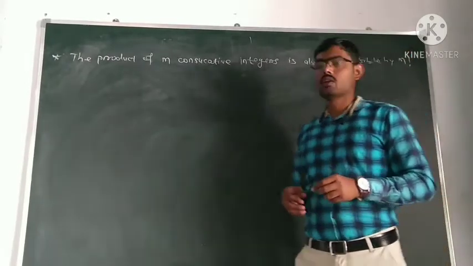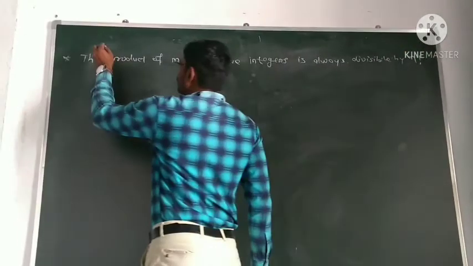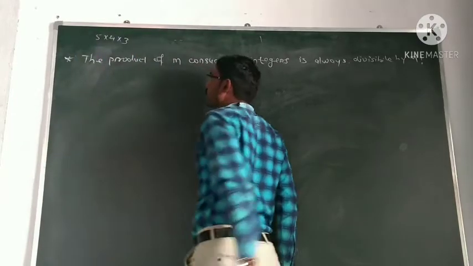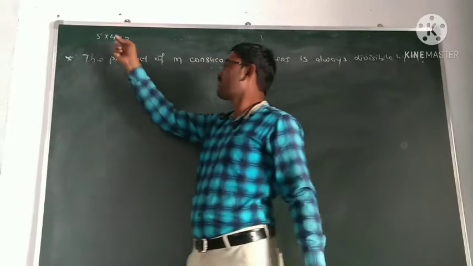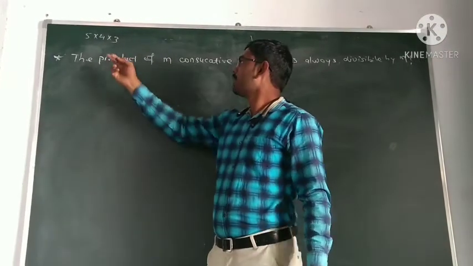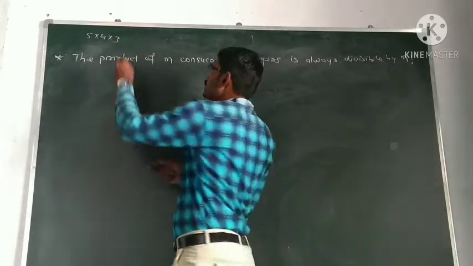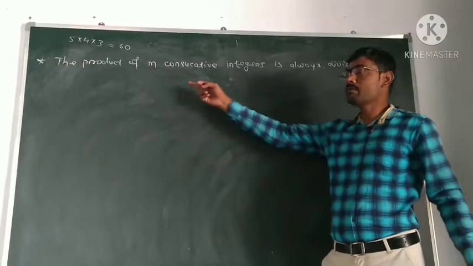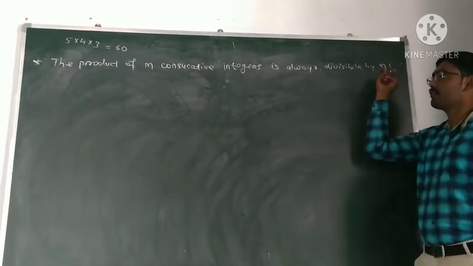For example, we will take the product of 3 consecutive integers, so 5 into 4 into 3. Here 3, 4, 5 are consecutive integers, and 5 into 4 is 20, into 3 is 60. This product is equal to 60, and the theorem says the product of m consecutive integers is always divisible by m factorial, where m is the number of integers.